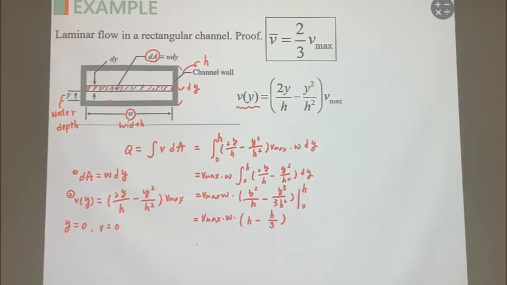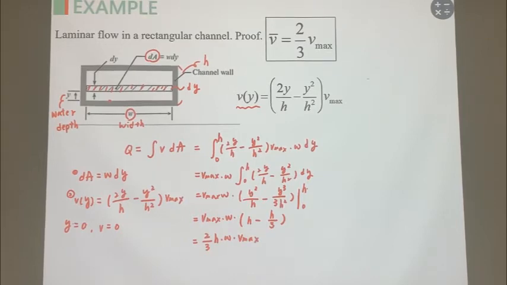If you put h inside, finally you can summarize the equation as 3 over 2 h, multiplied by the width and by V maxima.